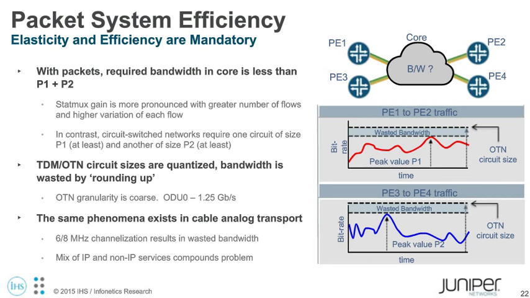So the more flows, more unique flows you have in a network, the more you can take advantage of the benefits of StatMux. And what we see is that at the transport layer today, we are effectively not taking advantage of this phenomena. We allocate a certain amount of bandwidth or spectrum on point-to-point interfaces, and those interfaces can peak at the same or different or multiple times, yet no matter what, I have to provision enough transport bandwidth to accommodate that peak.